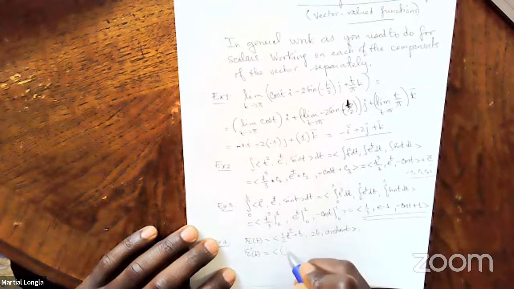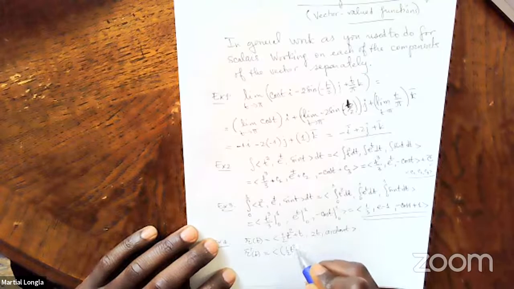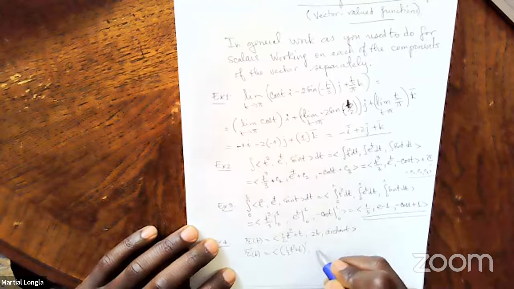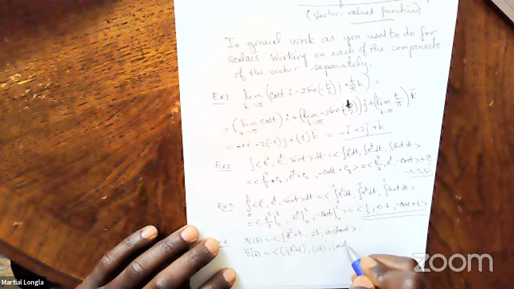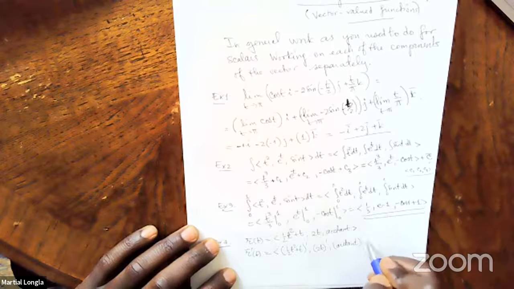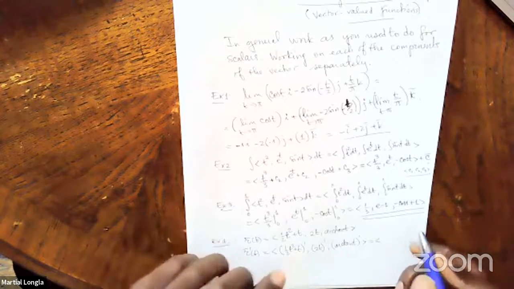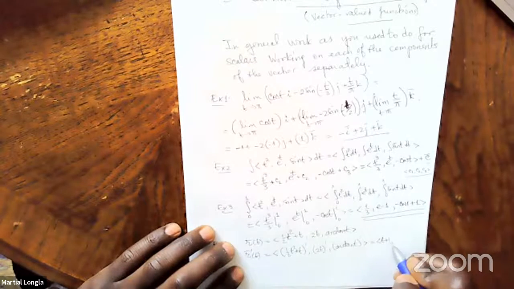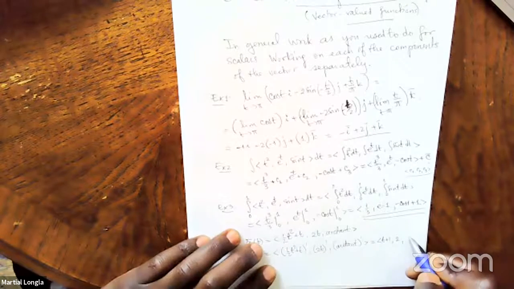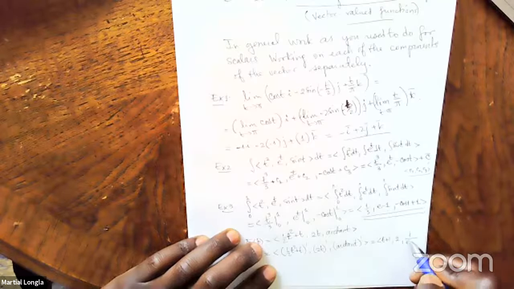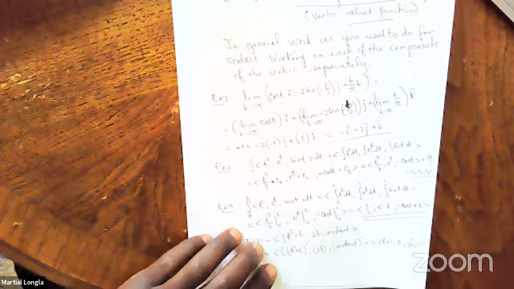You take the derivative of each of the components. The derivative of this is going to be t plus 1. The derivative of that is going to be 2. And the derivative of this is going to be 1 over t squared plus 1. So that's how you take the derivative of the vector. Take the derivative of each of the components separately.